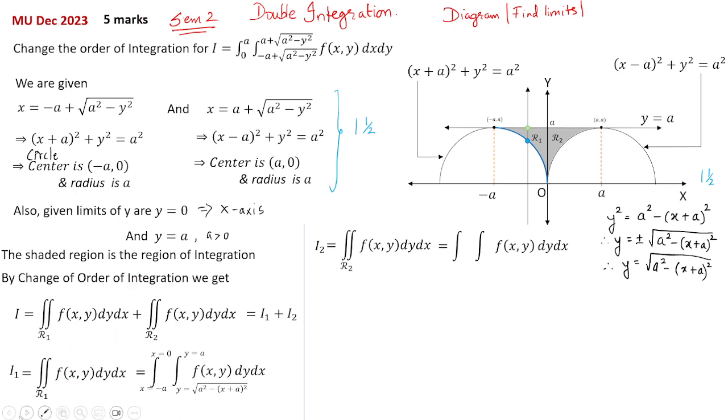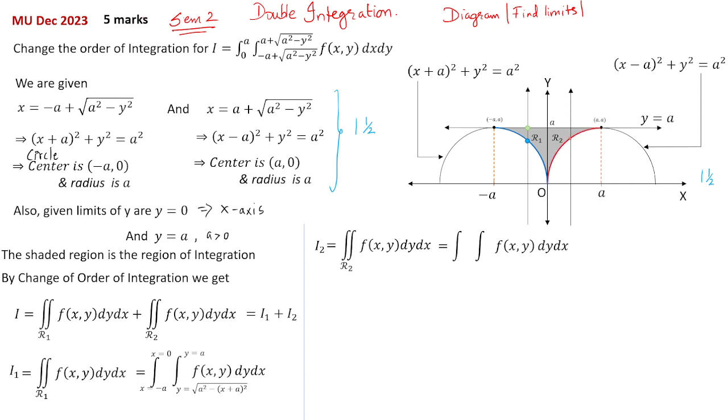What we will do, again, when the line enters the region R2, it is cutting the arc, the red arc at that red dot you can see.